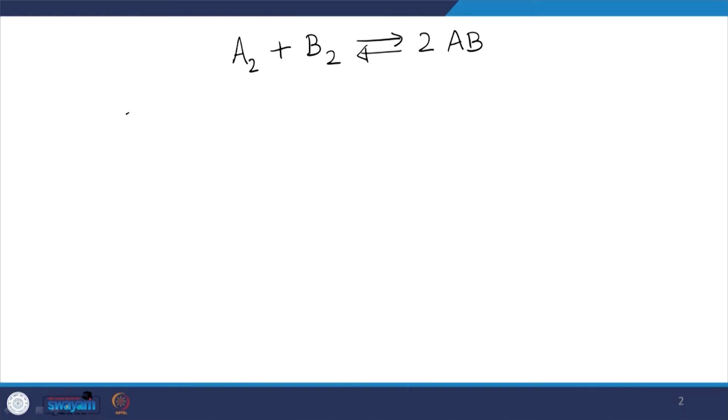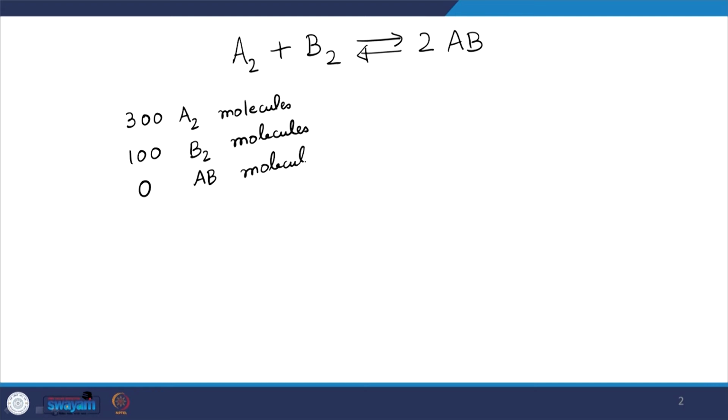So, let us say for example, I start with some 300 A2 molecules and some 100 B2 molecules, and let us say at the start we had 0 AB molecules, and we are looking at the progress of this particular chemical reaction.